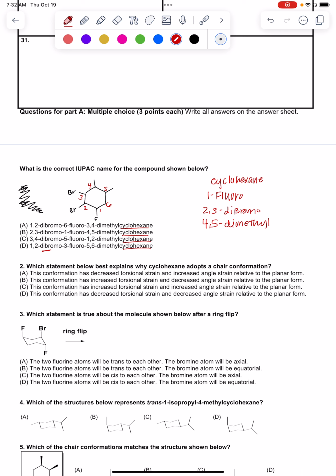So our bromine is going to take priority because it starts with a B. And now we're going to put these in alphabetical order.